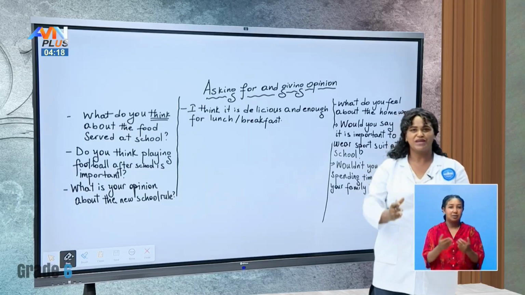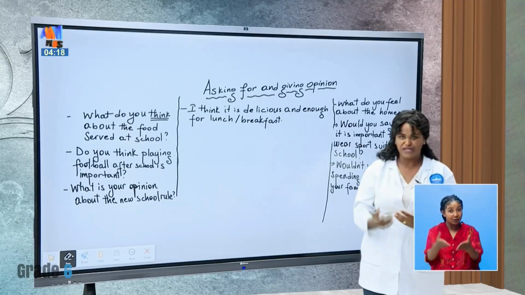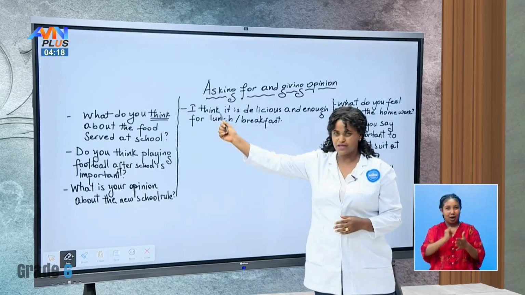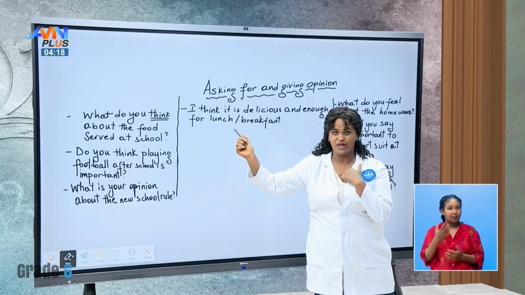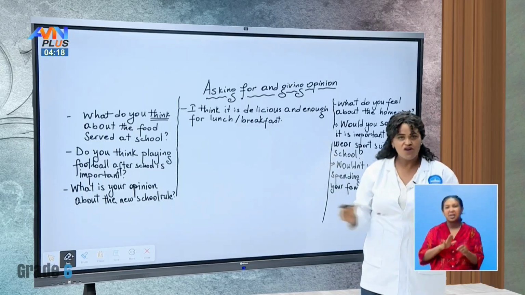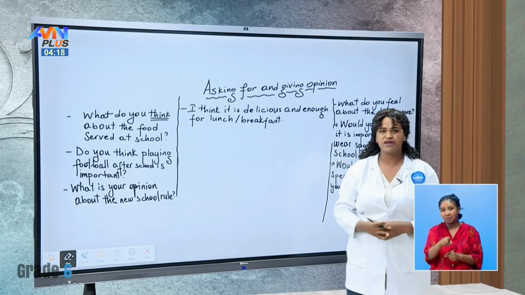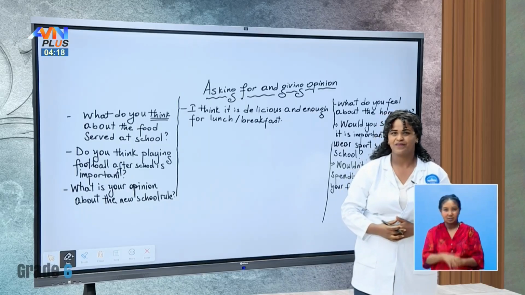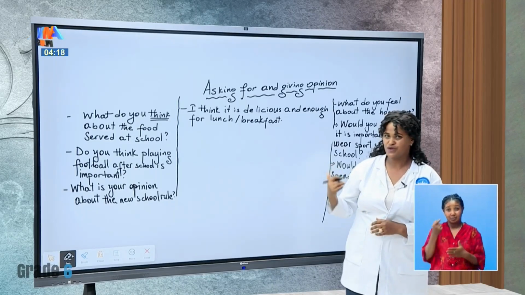Now, what are we doing? We are giving an opinion. Which language pattern do we use? I think, because that is my thought. I think it is delicious and enough for lunch. Or if it is about the breakfast, you can say it is enough for breakfast. Have you got what we're doing so far?